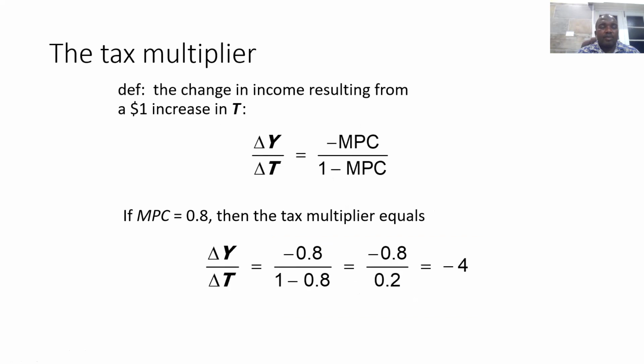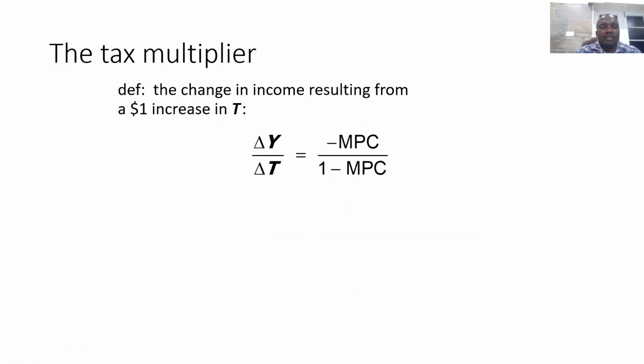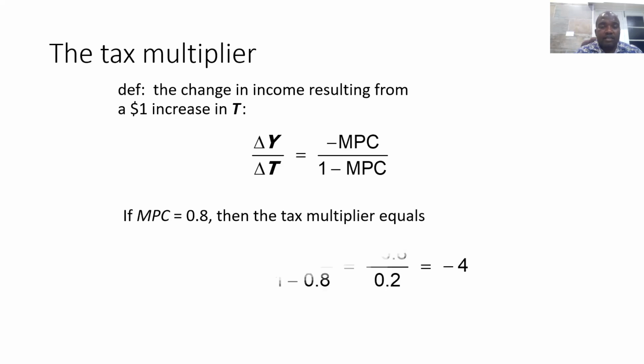So the tax multiplier, the change in income resulting from a dollar increase in T, is delta Y over delta T, which is simply equal to minus MPC over 1 minus MPC, as we found in the previous slide.